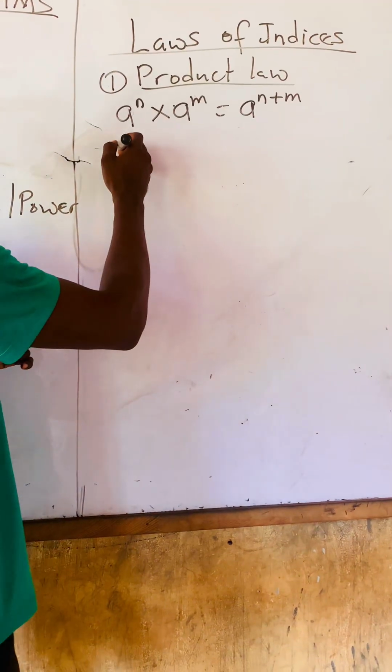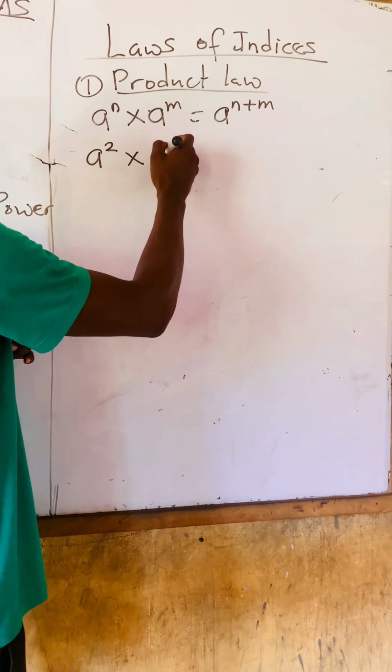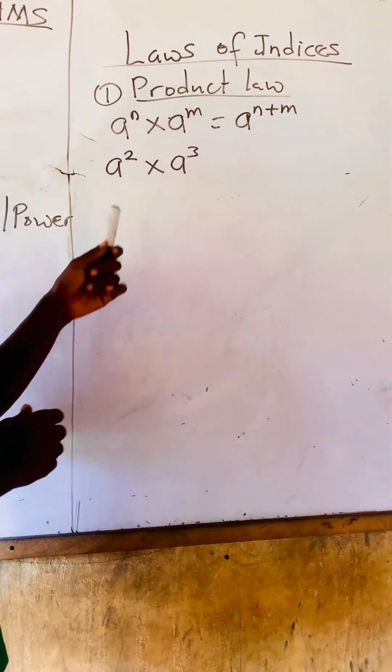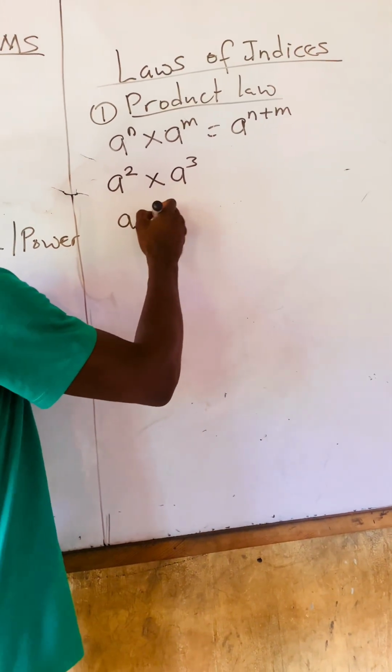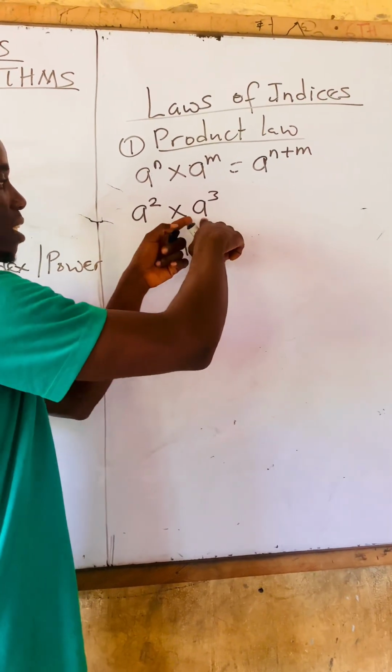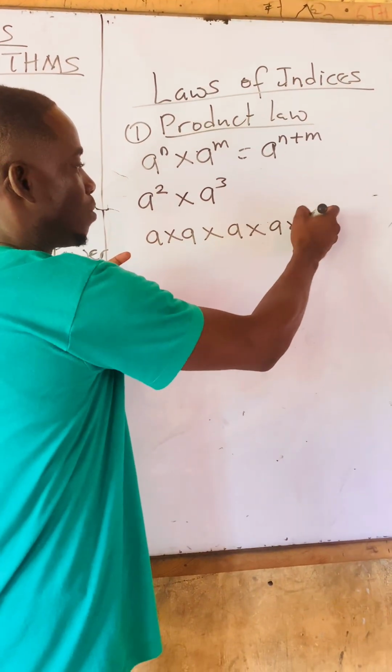Now let me bring it down for us to understand the reason why we had this n plus n. If we are given a raised to the power 2 times a raised to the power 3, we can expand a raised to the power 2 in this form: a times a, then times a raised to the power 3, which we can also write as a times a times a.